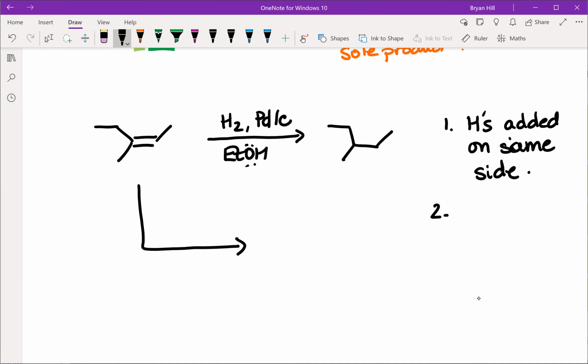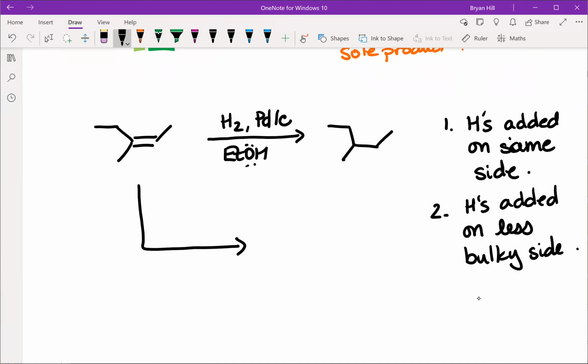Second point is H is added on the less bulky side. So it's added on the same side. This means it's a syn addition, and it's going to be added on the less bulky side of the thing.